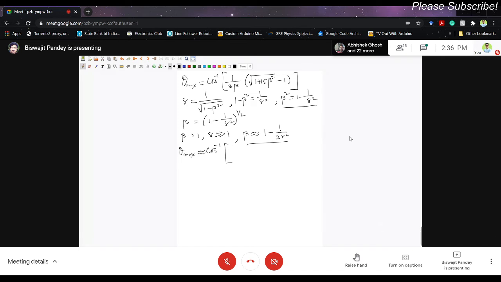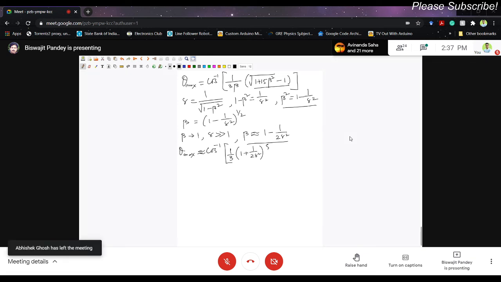So this minus will become plus. Again, 1 by 2 gamma square is a small number, gamma is very large, so I write 1 over beta as 1 plus 1 by 2 gamma square, right? And then I put these expressions here.